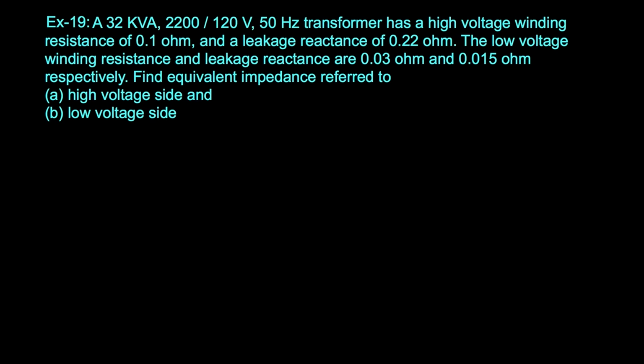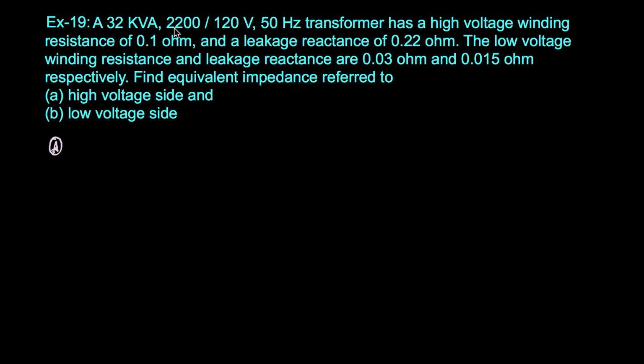When you see this question, we have a 32 kVA, 2200 by 120 volts, 50 hertz transformer. So let's just write V1 is 2200 and V2 is 120 volts.